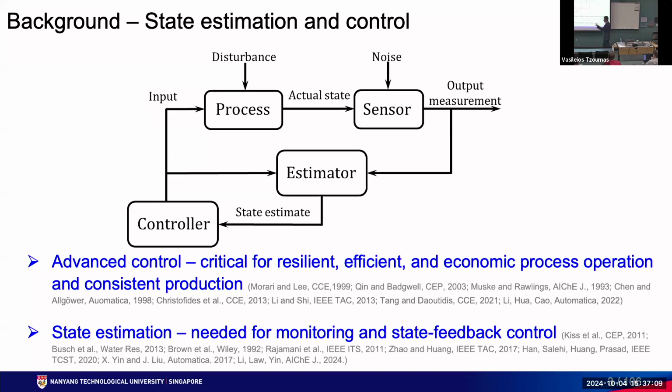We need control to make decisions, but for industrial processes, state estimation is not optional, right? Because the process contains at least tens or hundreds of state variables, and up to thousands. On one hand, advanced control requires full state feedback, but on the other hand, we do not have sufficient hardware sensors to measure all these state variables.